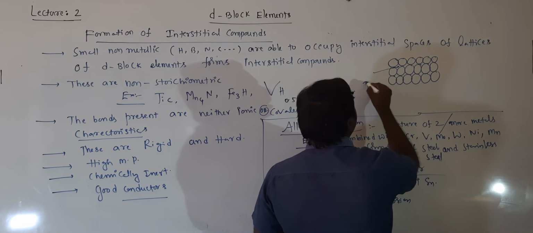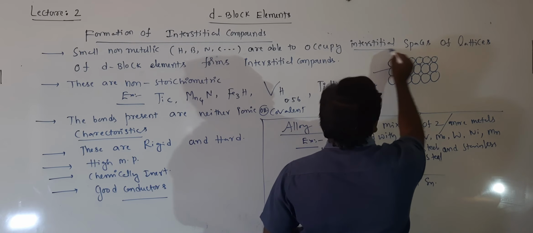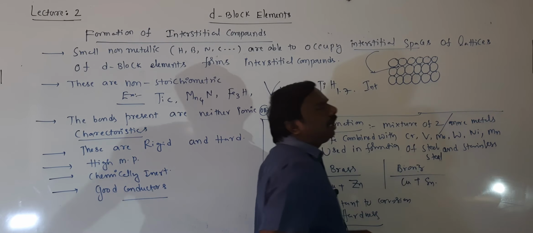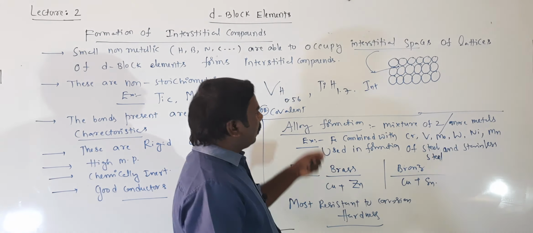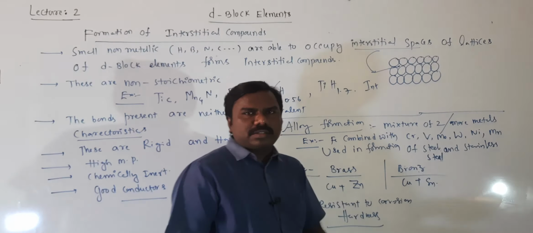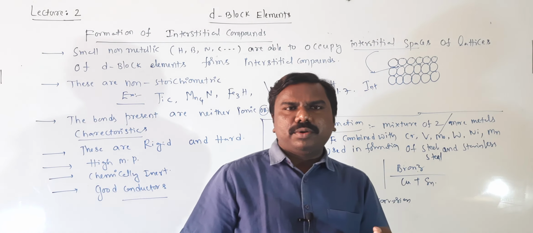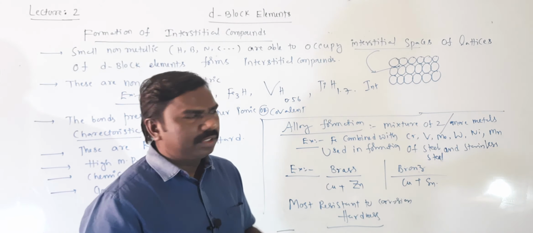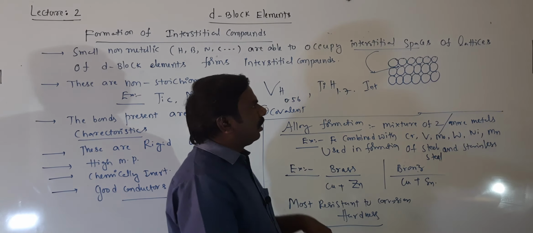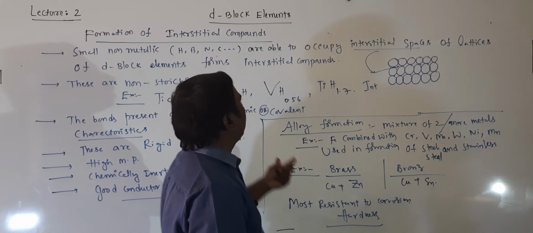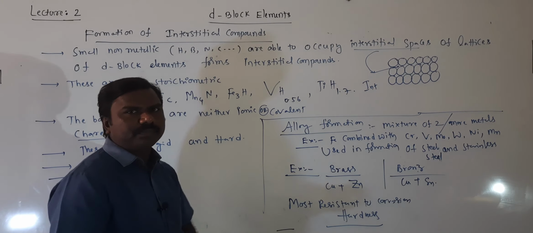This gap is called interstitial space. In that gap, very small non-metals like hydrogen, carbon, boron, nitrogen will be trapped, then form a new compound that is called an interstitial compound.